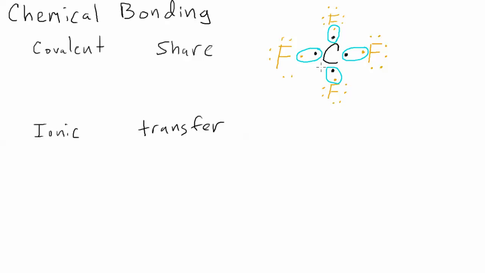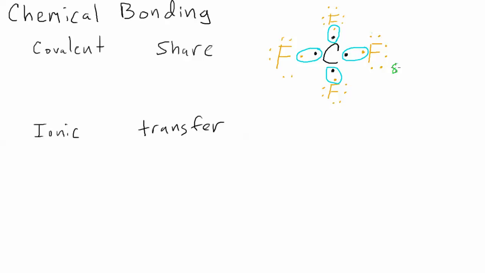Now, let's think about what's happened here. By sharing these valence electrons, let's count how many valence electrons each atom has now. This fluorine atom has 1, 2, 3, 4, 5, 6, 7, 8, because it's got access to this valence electron from carbon now.